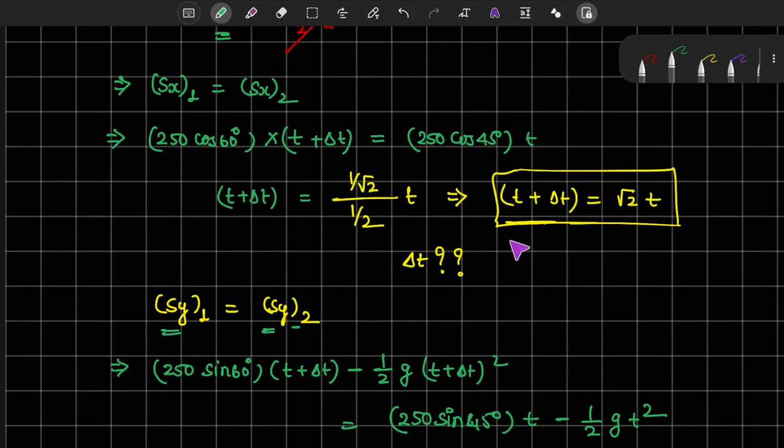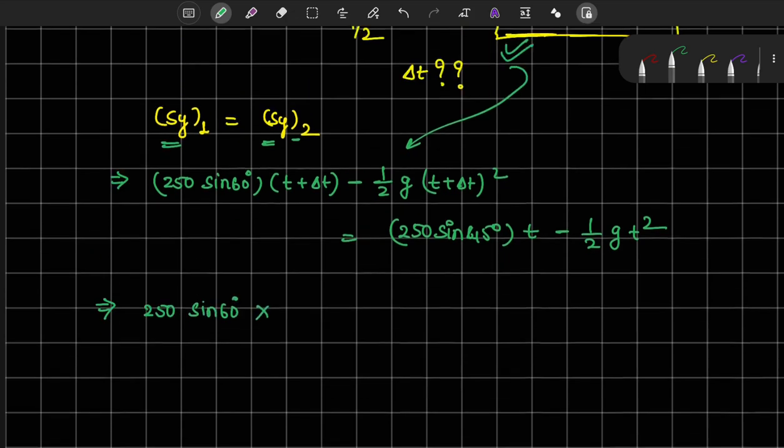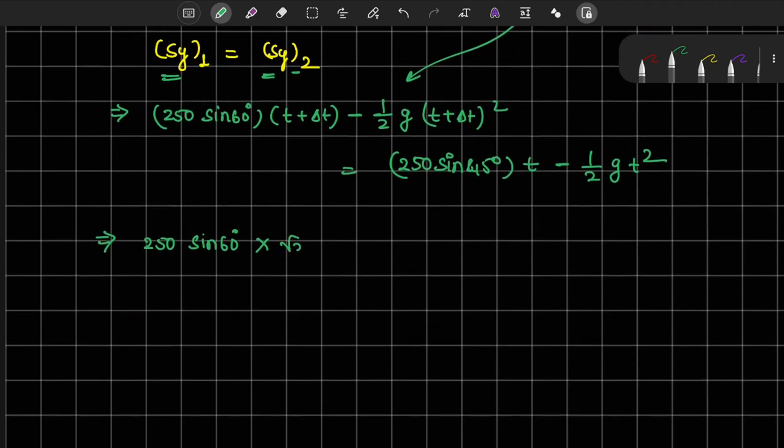Let us substitute the value of t plus delta t into this expression. Then we get 250 sine 60 degree into root 2 t minus half into g into 2 t square is equal to 250 sine 45 degree into t minus half g t square.